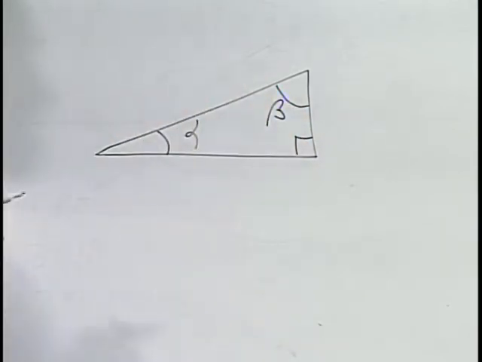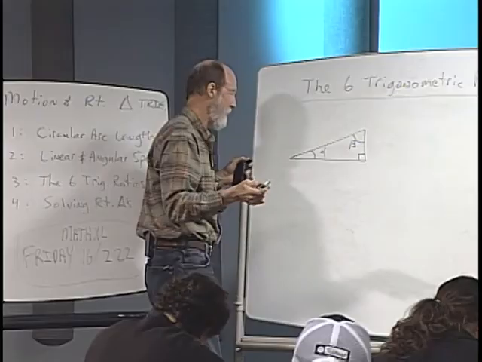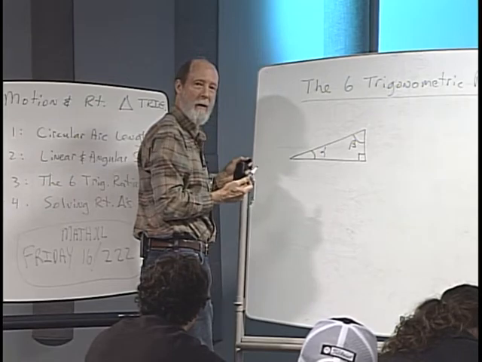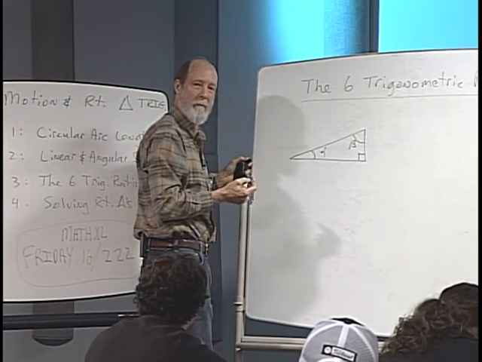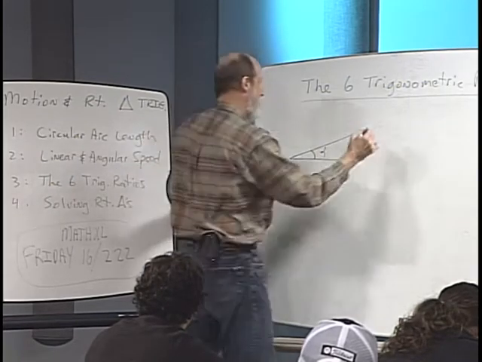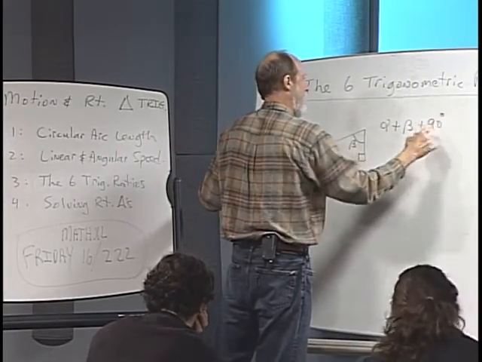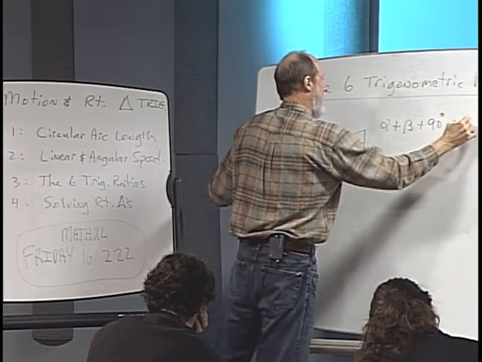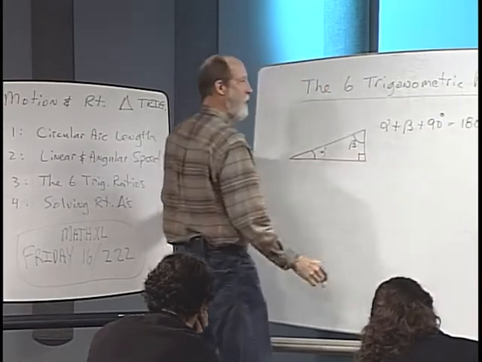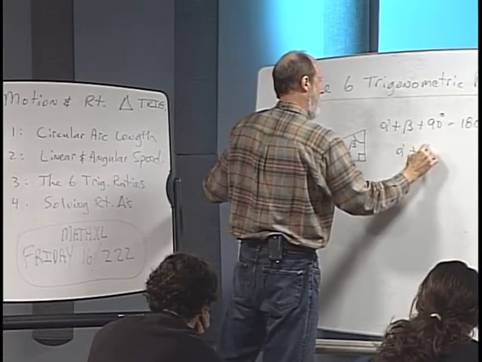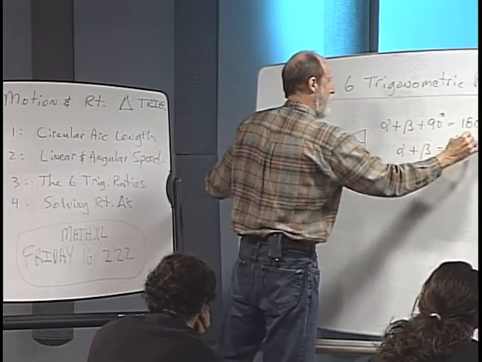Alpha and beta. Now you know from your geometry background that alpha plus beta has to then be how many degrees? 90 degrees, right? Because alpha plus beta plus our 90-degree angle in a right triangle have to add up to 180 degrees. If we subtract 90 from both sides, we see that the sum of alpha and beta is 90 degrees.